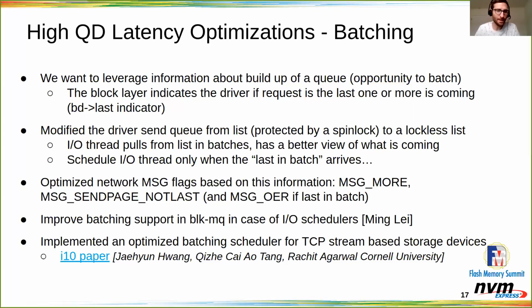You can find that in the i10 paper, available through a link, or you can just search for i10 Cornell. This I/O scheduler is on its way upstream and will be submitted soon.